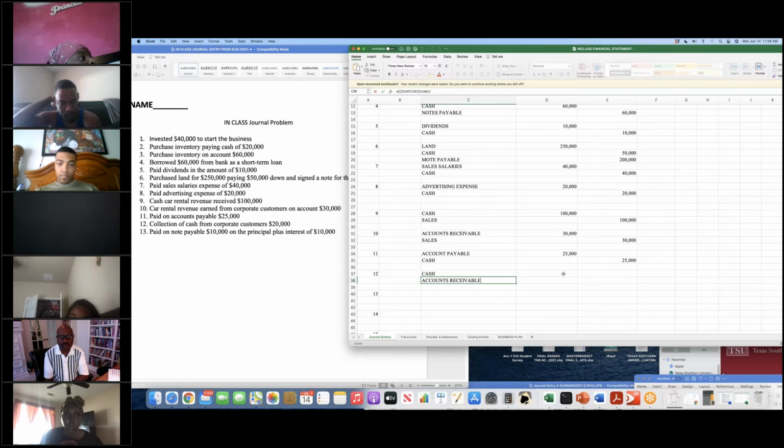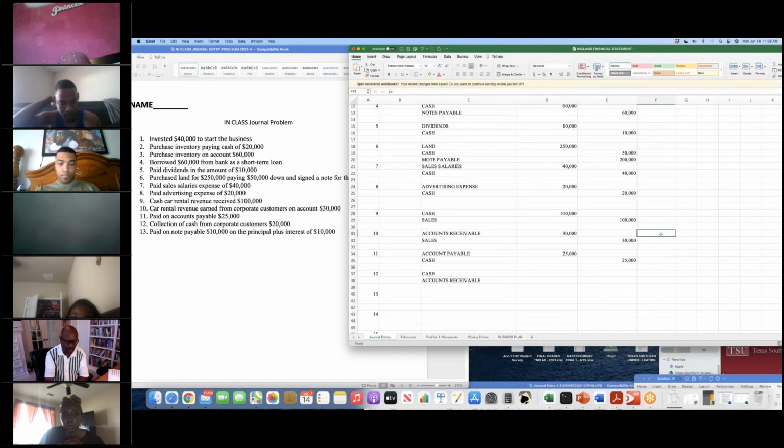So you see, we have to have the 15 first, then we have a 3. In the 15, we create the receivable. And then in the 3, we get the cash and credit receivables.